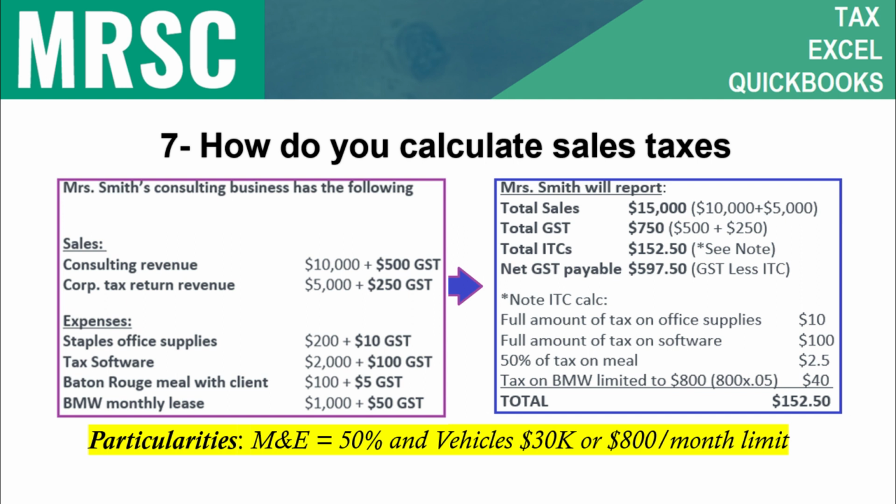So 50% of the $5 is 2.5. And for vehicles, you cannot exceed the sales tax percentage on $800. So we had to limit our ITC to 5% of $800. And this gives her a net GST payable of $597.50.